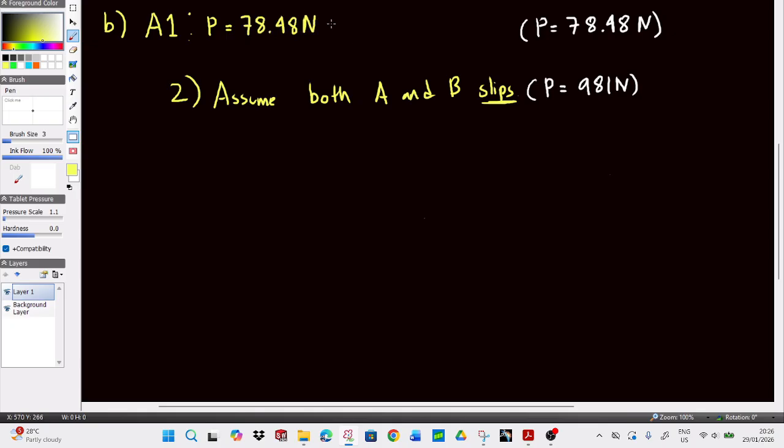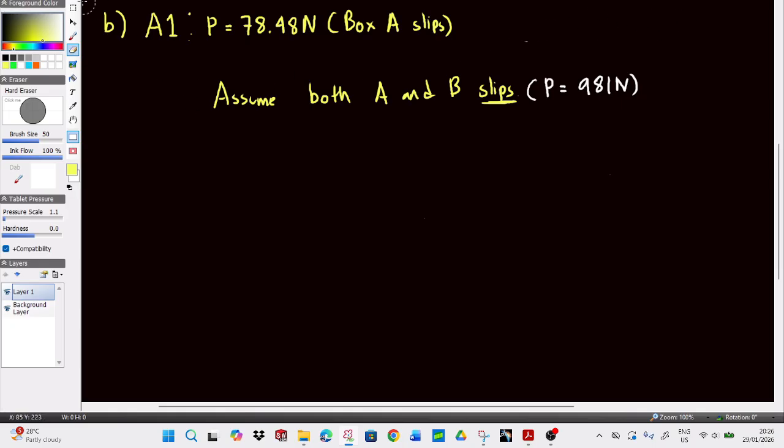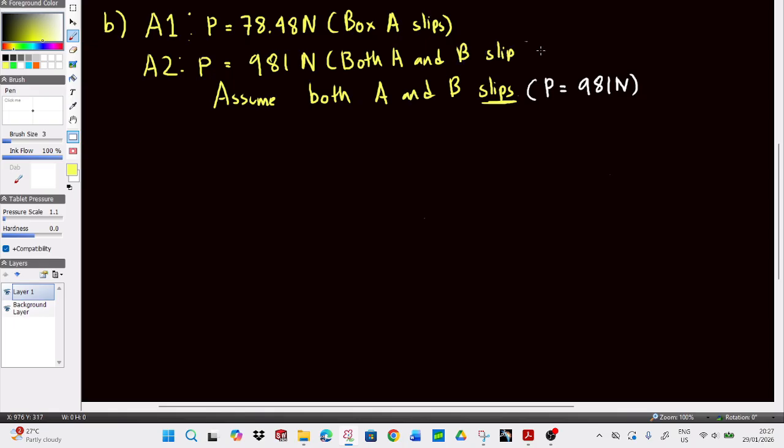Okay, this is basically box A slips. And then assumption 2, which we'll write as A2, your value for P is equivalent to 981 newtons. Both A and B slip together.